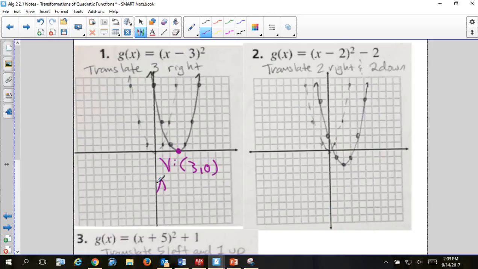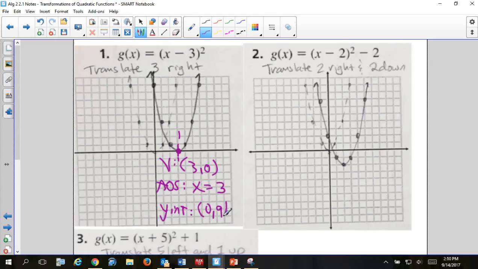So our axis of symmetry, our AOS, is x equals 3. It's always the x part of the vertex. It's always passing through the vertex. And then our y-intercept, 0, 9. Yeah, that one we did earlier in class.